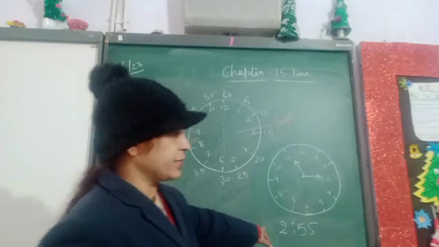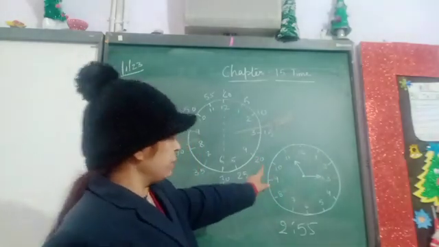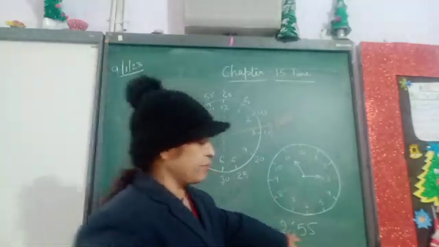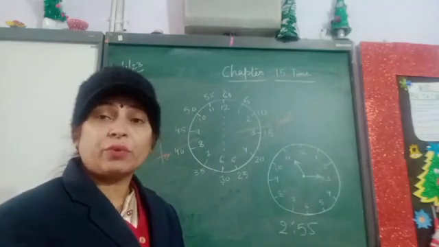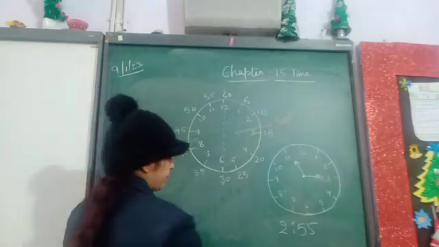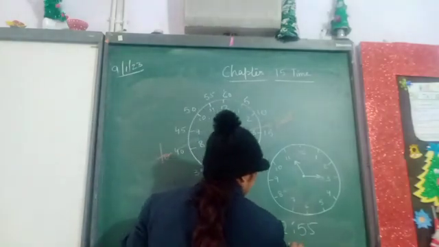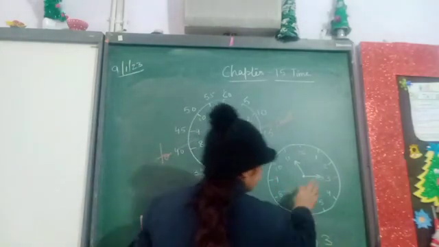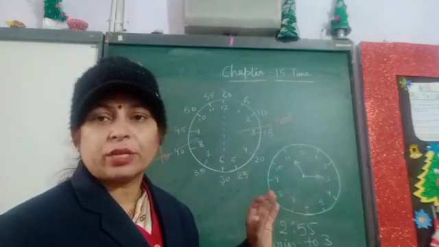So in digital form we say 2 o'clock, but in minutes 11 fives are 55, so 55 minutes. But when we say it, we will say 5 minutes to 3, because only 5 minutes are left for 3 to take place.